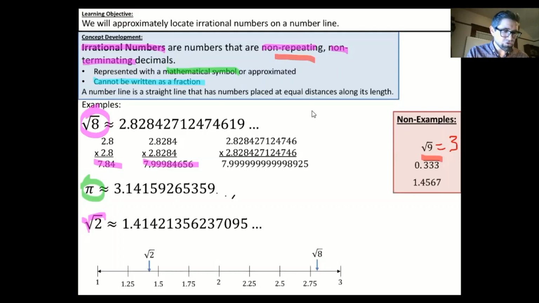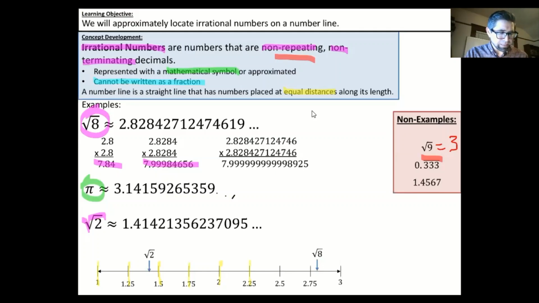A number line is a straight line that has numbers placed at equal distances along the length. This is an important idea, especially later on in this lesson when we're going to be locating these. You'll notice here at the bottom that 1 to 1.25 to 1.5, those are all spaced out by 0.25, and then the next spacing is another 0.25. They're all an equal distance, both graphically and numerically.